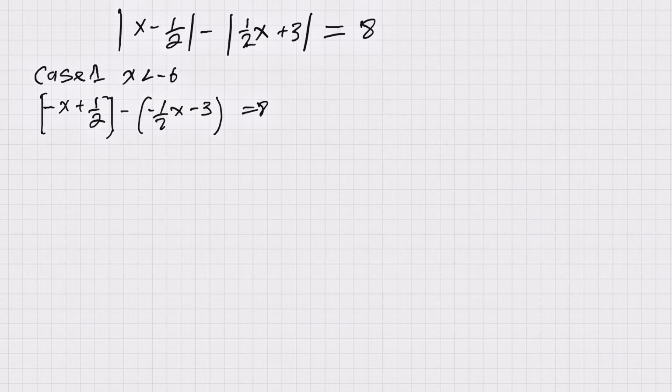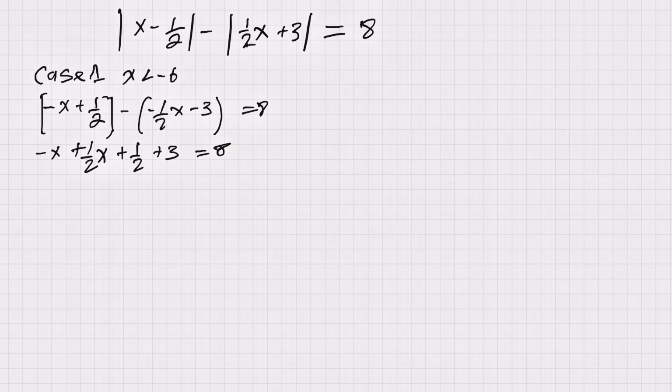So now let's solve this equation. It might look pretty much similar. Let's go ahead and solve this. We can just bring like terms together. So negative times negative will give us positive half x, and then a plus half. Negative times negative, of course, plus 3 is equal to 8.